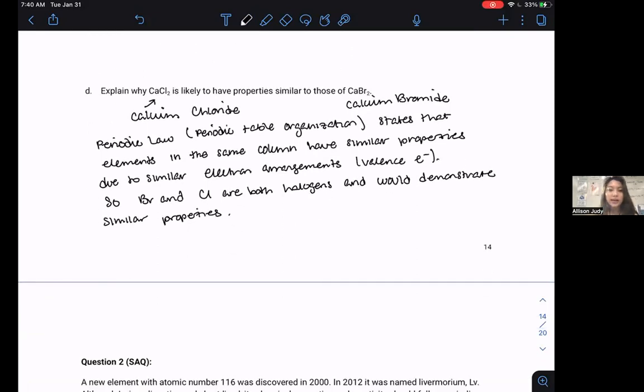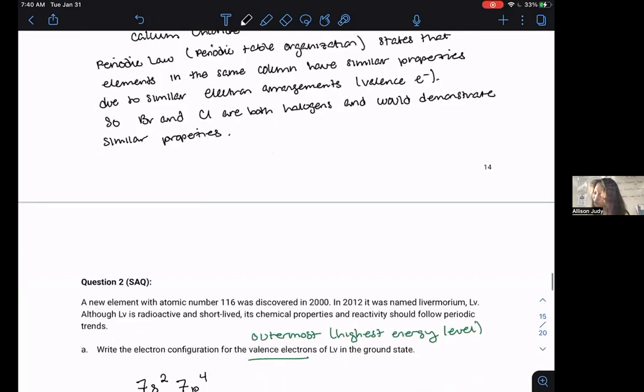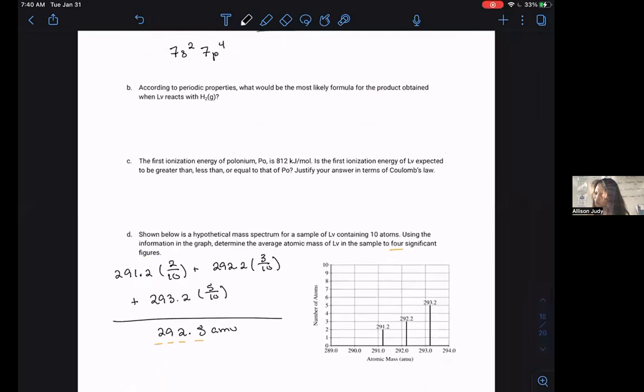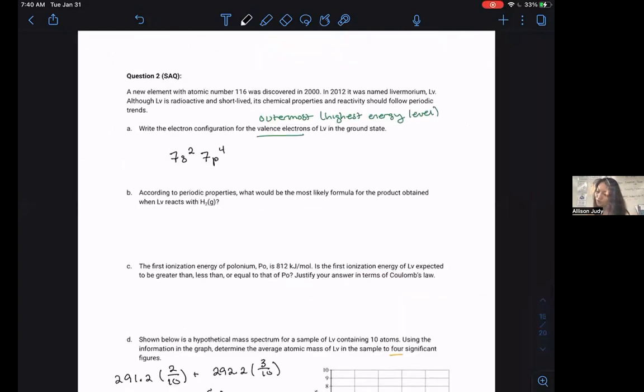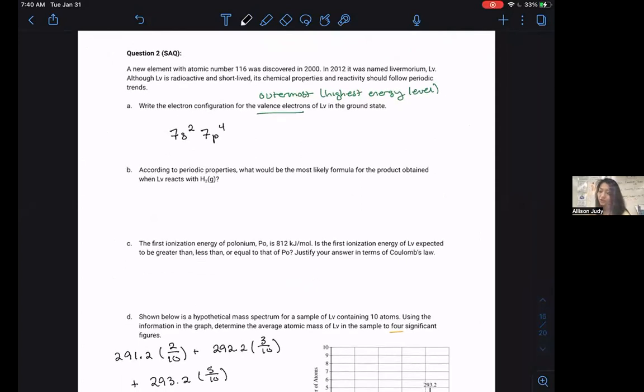Let's go ahead and move on to our next question, which is, we're going to skip over 2. Most likely your job will be to finish number 2. You could totally do 2B and 2C on your own. You can finish this question.